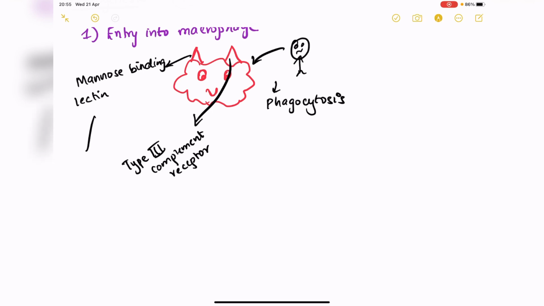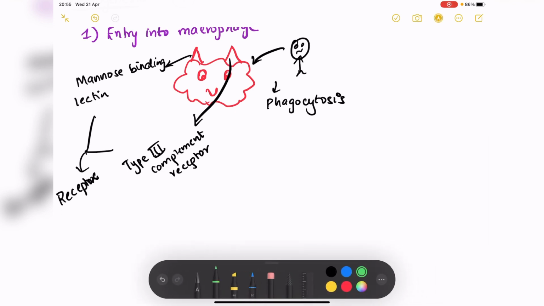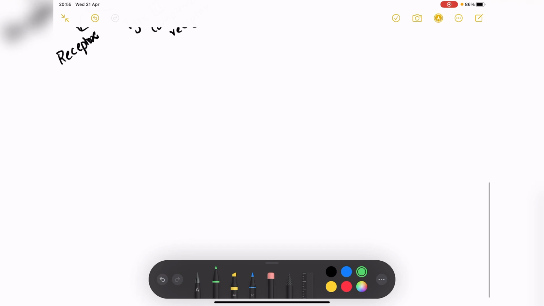These 2 are nothing but receptors. Now the bacteria has to replicate, right? So the next step obviously is replication.